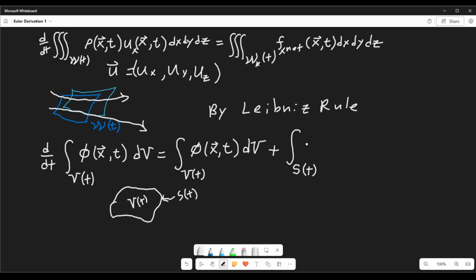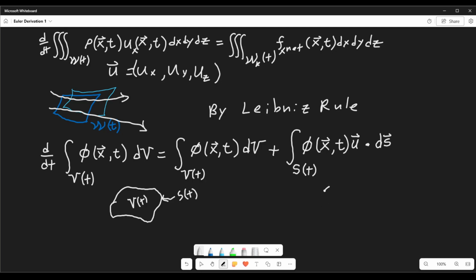So this integrates the function that depends on space and time over the surface of that volume. And then this is multiplied by u, the dot product with the surface vector.